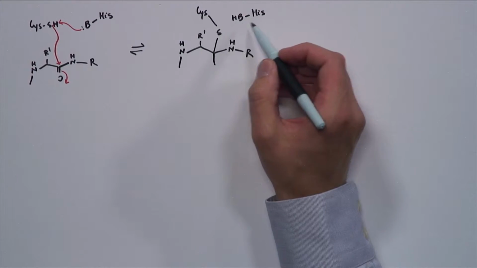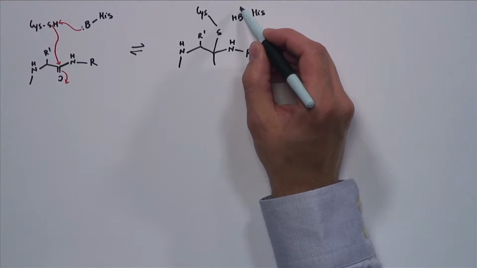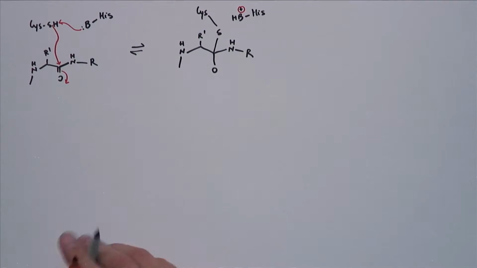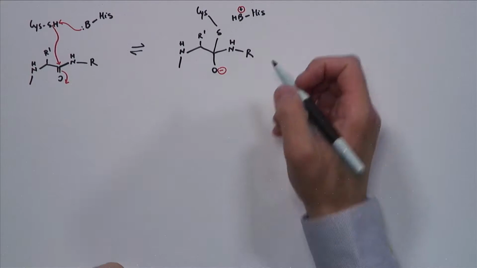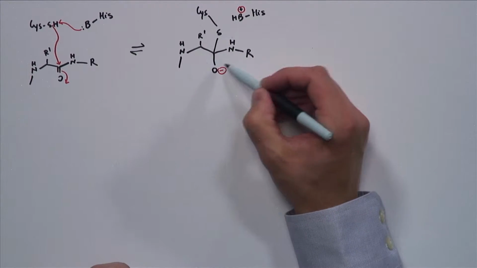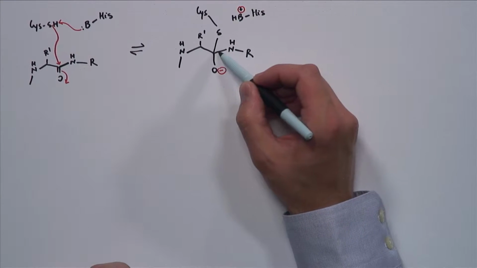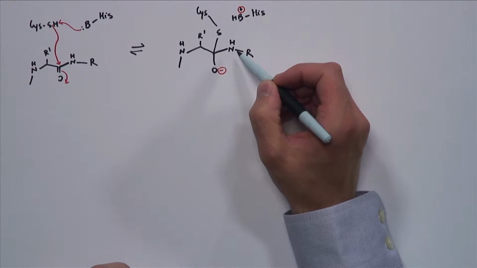Here, notice the histidine is going to be protonated. And the oxygen is going to have a negative charge. In the next step, this tetrahedral intermediate is going to fall apart by breaking the peptide bond that the protease is supposed to cleave.